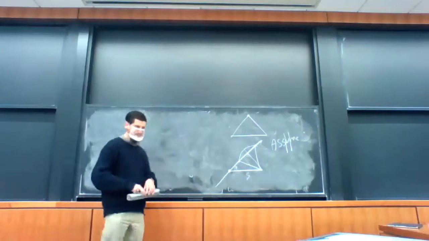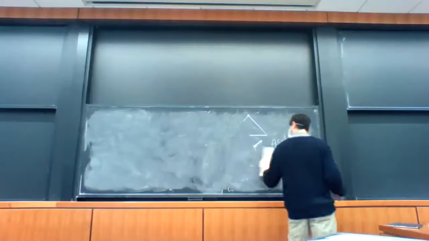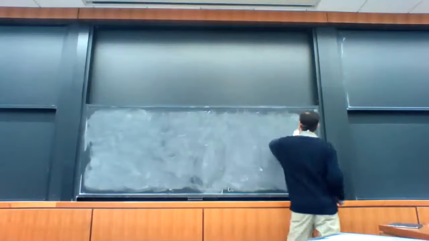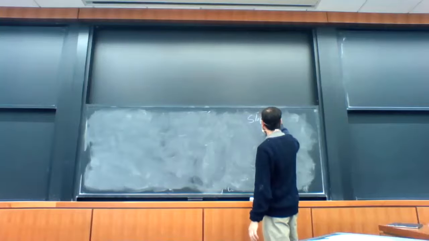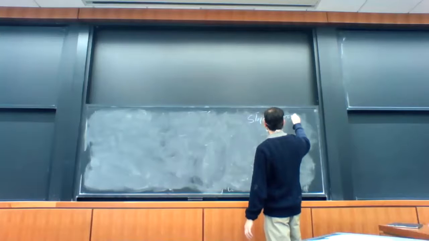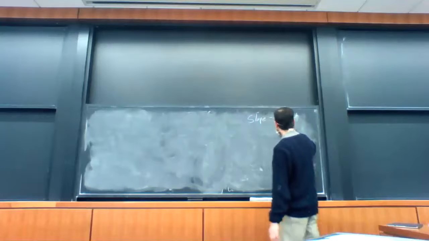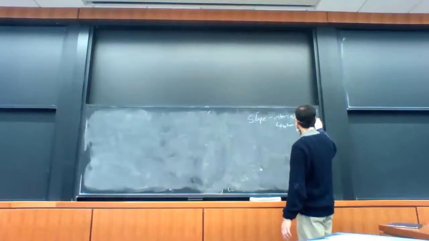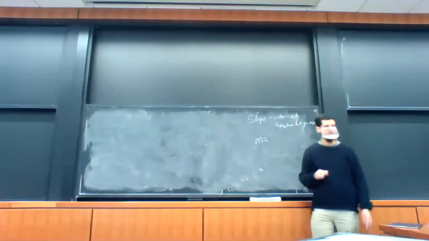Slope intercept. So I will keep things in the same order as section 1. Slope intercept. The intercept is where you hit the y-axis. And how do we define the slope?